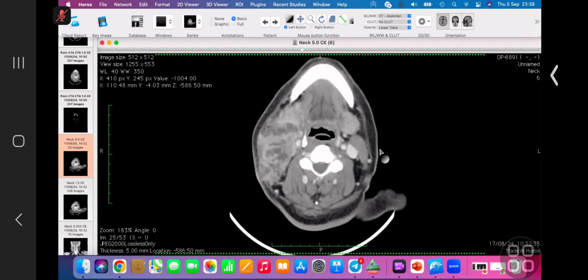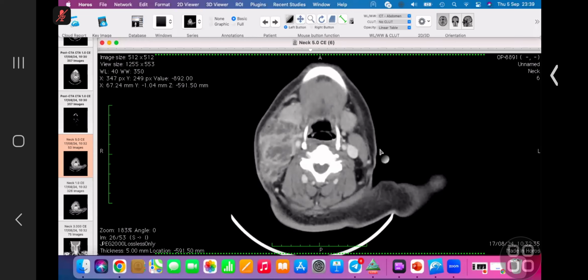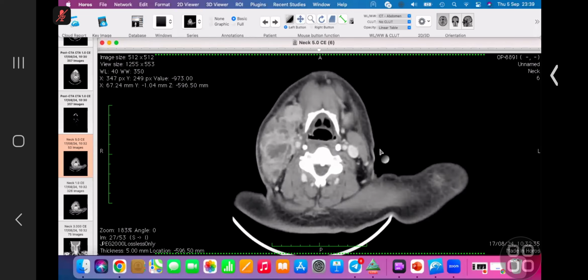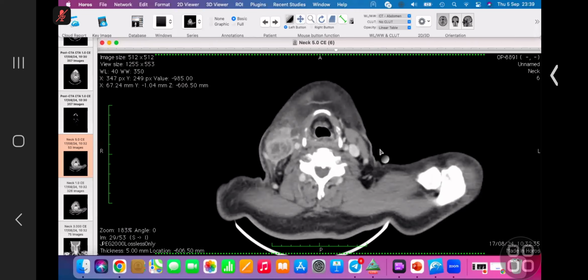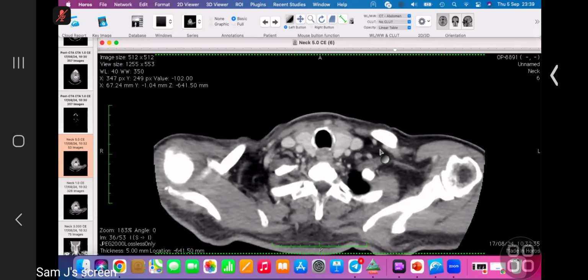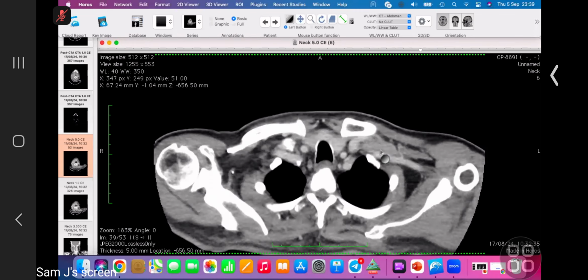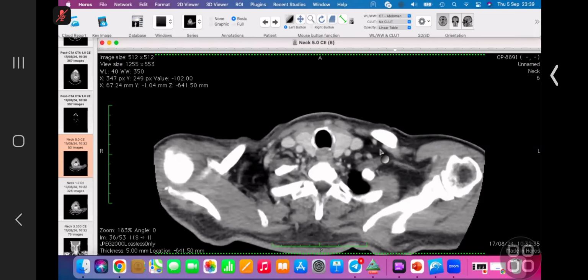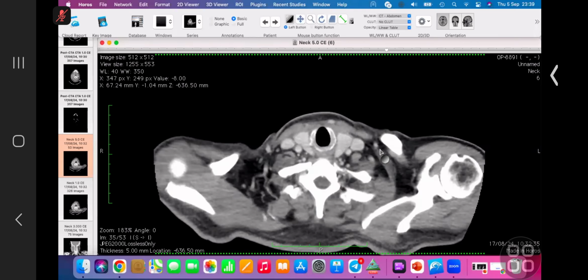Okay, I'm provided with a CT neck with IV contrast of a patient who complains of jaw pain. I'm scrolling through all the images, and then I will start to describe the abnormality. Now I'm scrolling cranially.